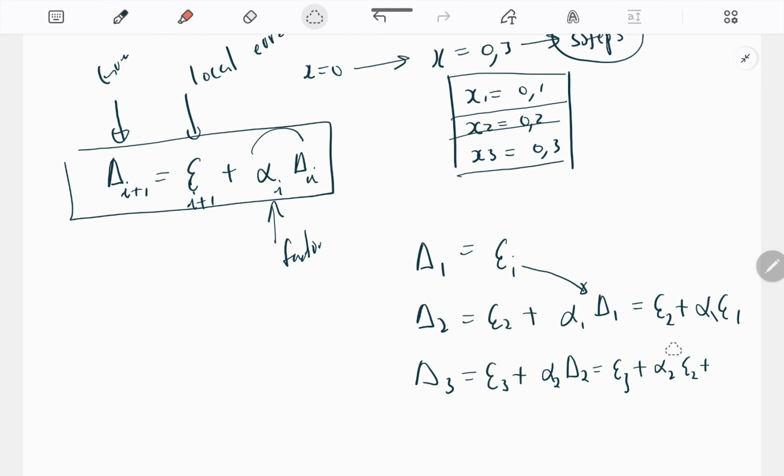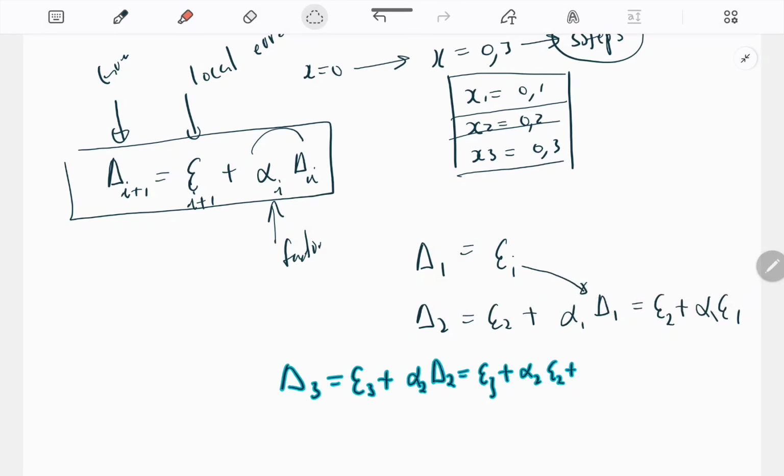okay, I think I'll need some more real estate. I'm hoping this problem could be shorter, but it doesn't look like I'll be able to make it as short as I want it to be. Alpha 2, alpha 1, E1. So if you think about it, the third global error is literally a sum of all the errors that I've accumulated, error 3, error 2, up to error 1.